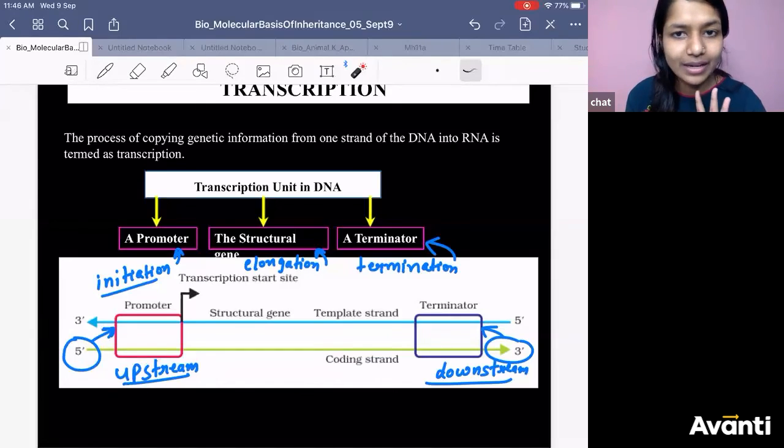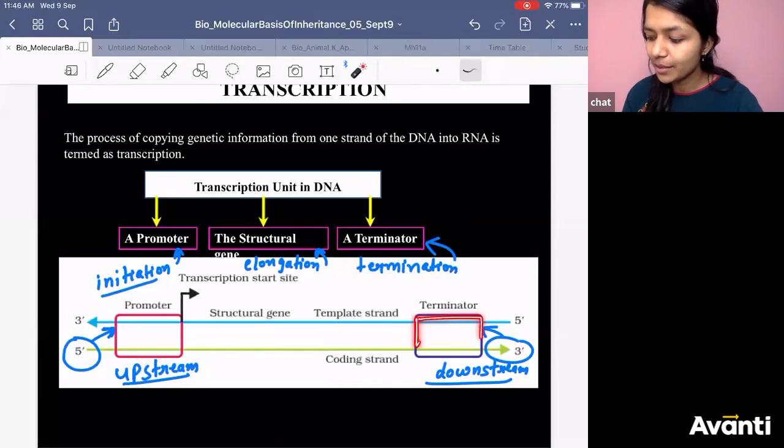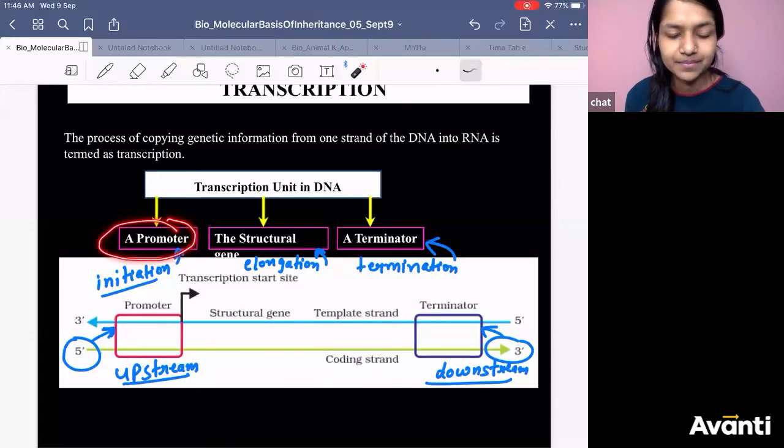Because this is how we name it. Now what is the location of the terminator? 3' downstream. Everyone is understanding how nomenclature is done?